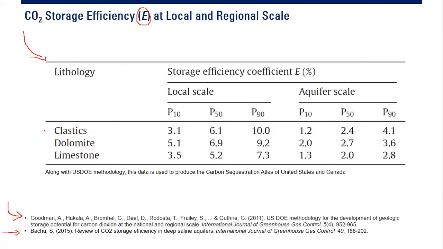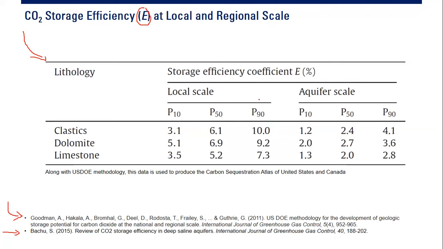Okay, and if you're asking, what is the typical storage efficiency coefficient for your current aquifer you're investigating? If it is clastic, then you can use these values. Here we have P10 for the pessimistic one, the low case, and P50 for the base case, and P90 for the optimistic case or the high case, both for local scale and regional scale.